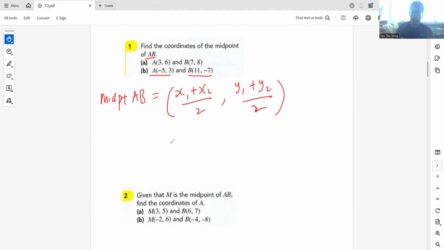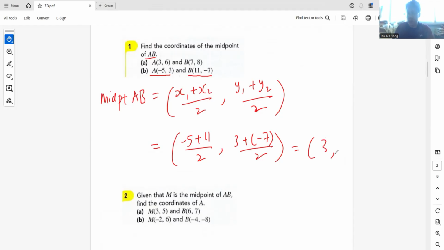In this case, it is (negative 5 plus 11 over 2, 3 plus negative 7 over 2), which simplifies to become (3, negative 2). So this is the midpoint of AB for question 1B. Let's move on to question 2.